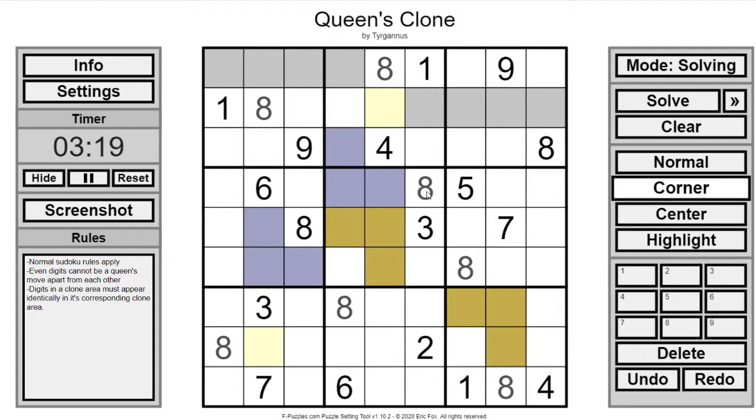If that wasn't obvious, 4 with queen's rule sees that space and that space. This 4 rules out every blue square, so we know that the 4 in this box must be in one of those spots.